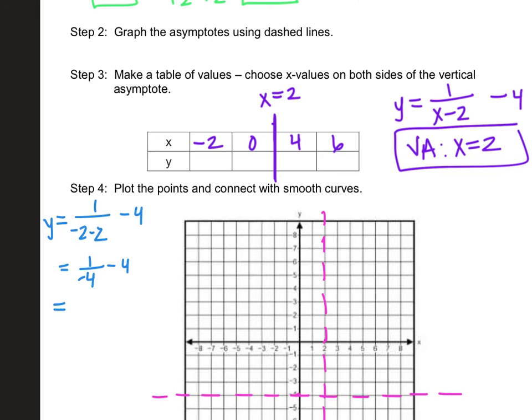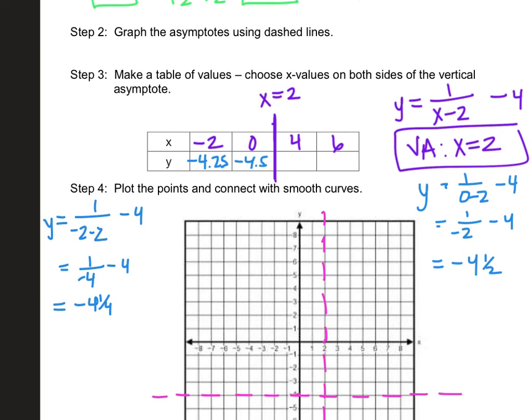This will be -4 1/4, or maybe -4.25 if that's easier to think about graphing. And then we're going to plug in the 0 now. y equals 1 over 0 minus 2, minus 4. 0 minus 2 is -2, and -1/2 minus 4 is -4.5.